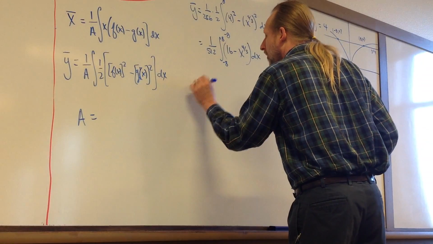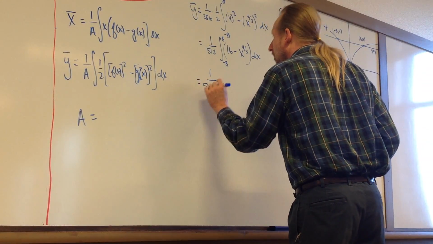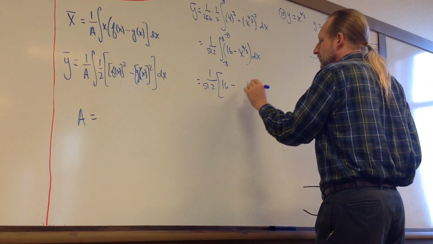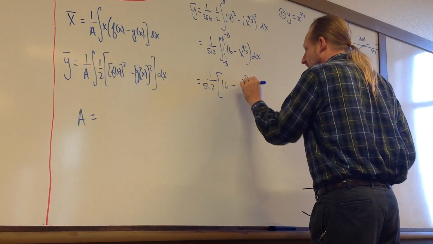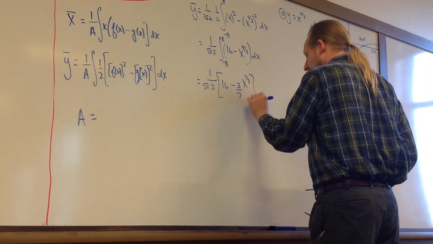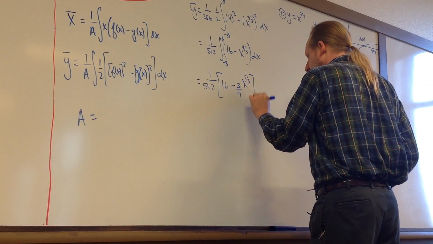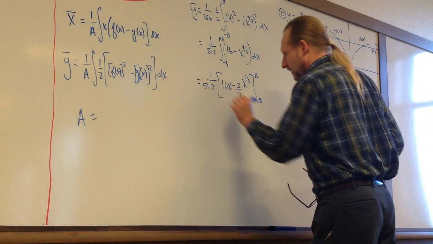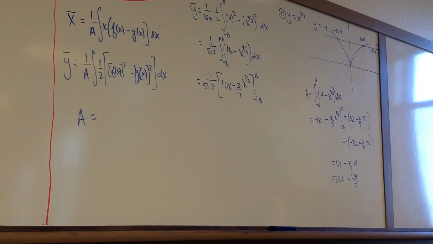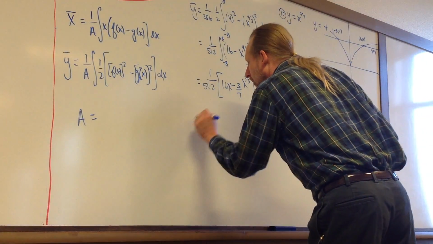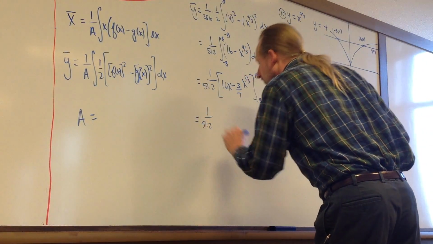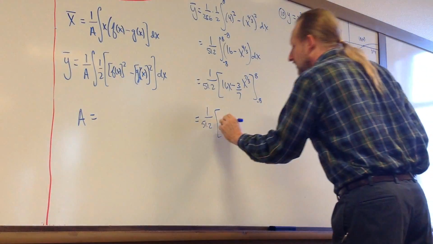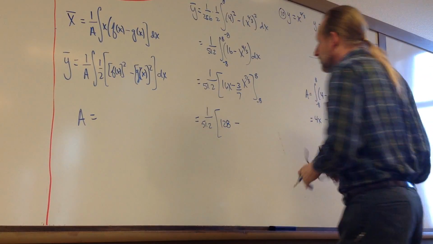Okay. So that'll be 16x minus x to the 7/3 over 7/3, from -8 to +8. I left out my x there. There we go. Okay, so 1 over 51.2. 8 times 16 should be 128.